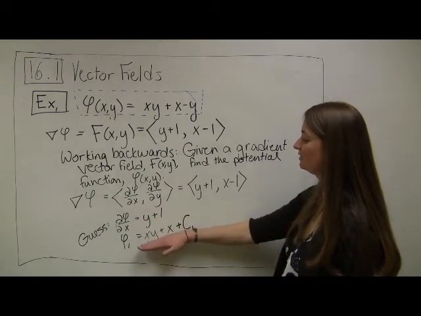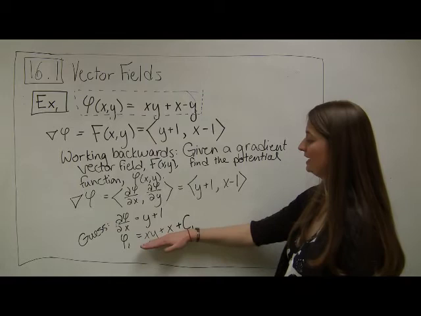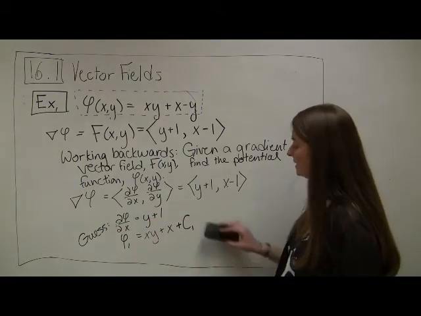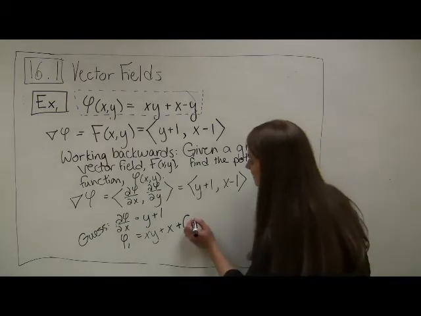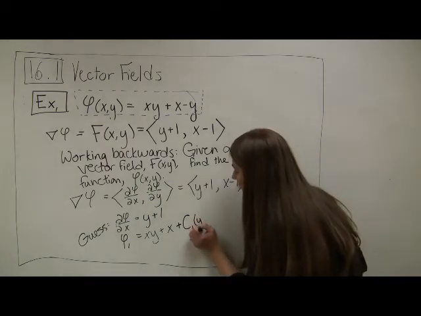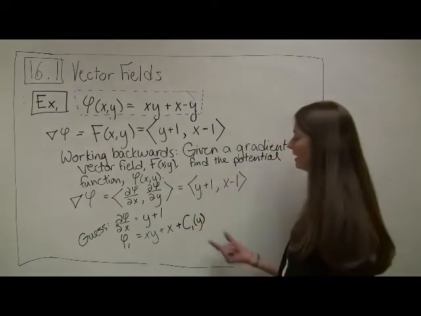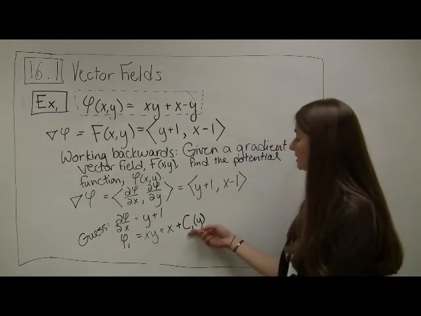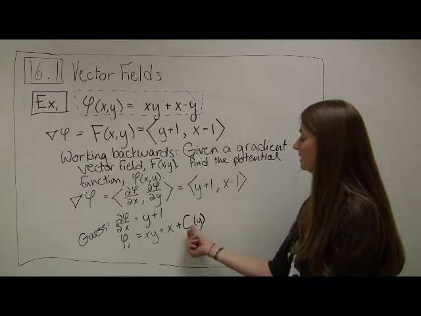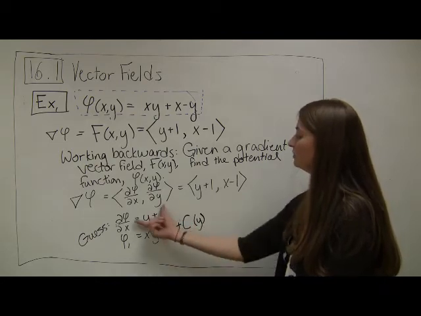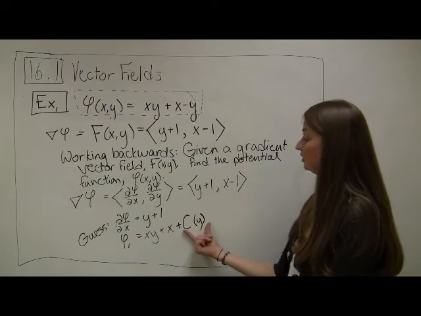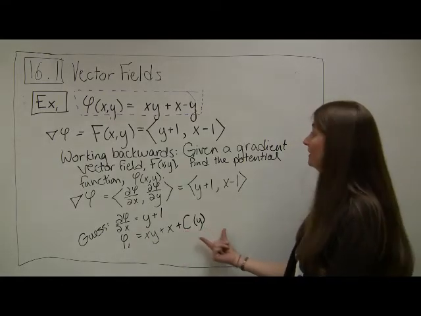If I take the derivative of this function with respect to x, I get back here, and my constants just go to 0. But we have to be careful about what this constant is, because this constant could be some function of y. Because when we take our derivatives with respect to x, we're treating y as a constant. So we need to have some extra term here telling us that when I took my antiderivative with respect to x, I need to have some constant term that might include y.